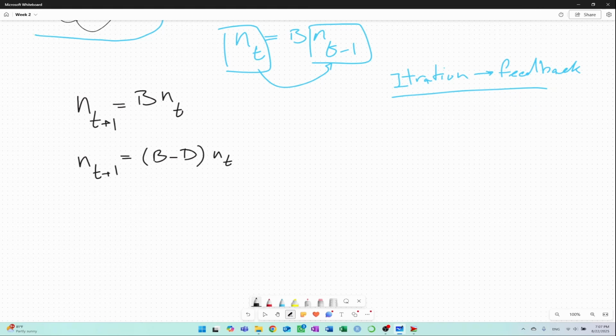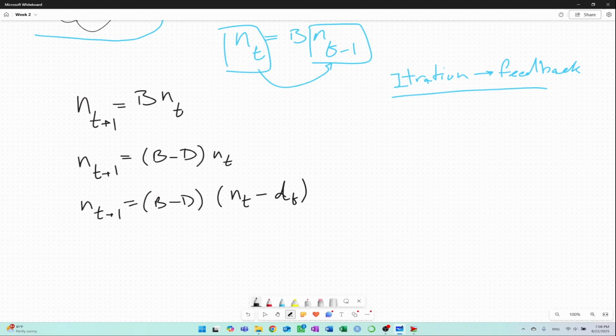Therefore, let's make one more change here as well. So this time n sub t plus 1 is not just the birth rate and death rate, which we just added, but also n sub t, and this one minus, let's put this one small letter d of t.